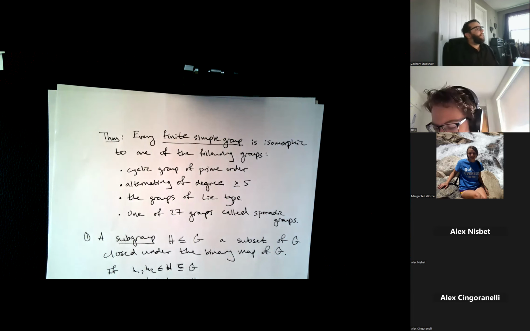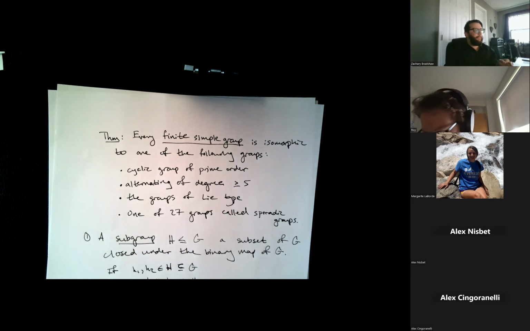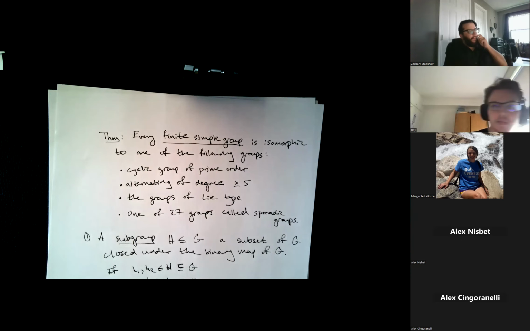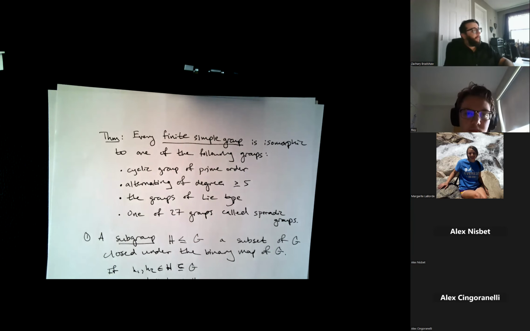Like if you had something of order 6, would it be built from the cyclic groups of prime order, like 3, 2, 1? If it's built out of cyclic groups, then yes, it'll be the one smaller. But chances are it's not.